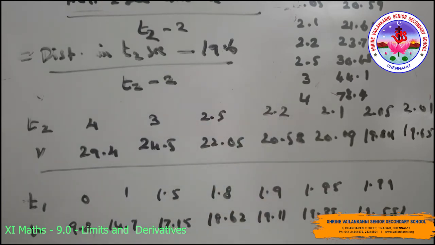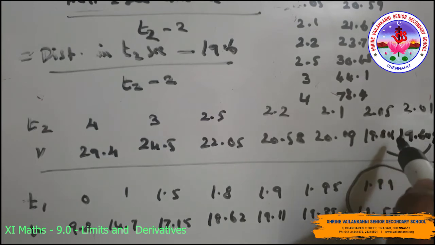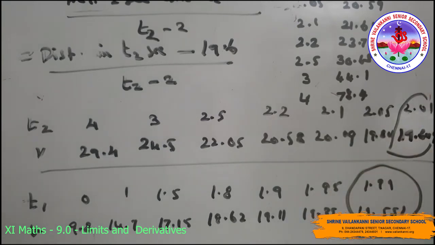So we can conclude that the velocity of the body at t equal to 2 is between 19.551 meter per second and 19.649 meter per second. We say that the instantaneous velocity at t equal to 2 is between 19.551 meter per second and 19.649 meter per second.